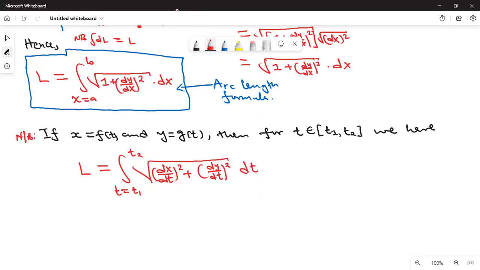Integrate that with respect to t. So that is when you have your curve defined in terms of a parameter. It could be t, it could be theta. If there are functions of theta, where there is t, you put theta.